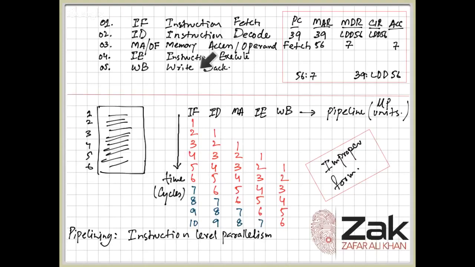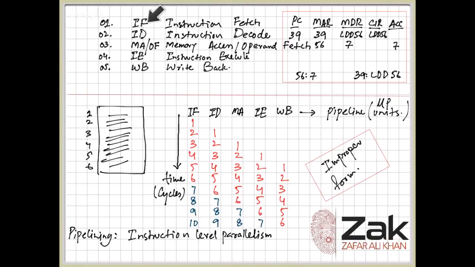Now, your book and a past paper question exhibit this pipeline from another point of view. It now has not three parts, but five parts.